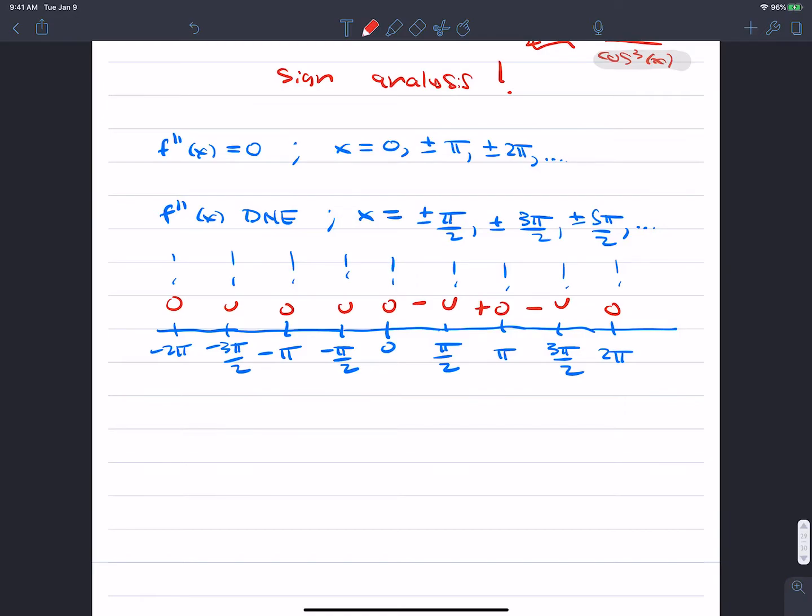And on the other side, we get positive, positive, negative, positive, negative. So here's how we have our concavity here.